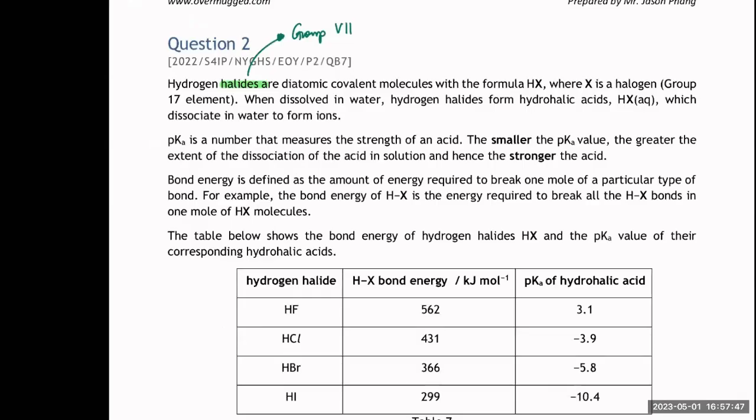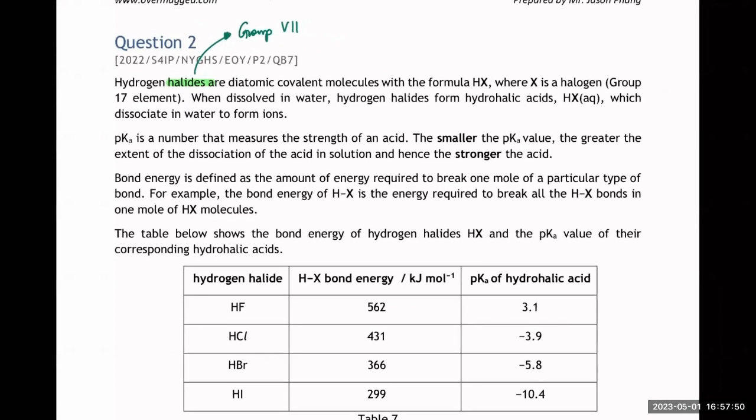So halides, as you can see in the table below, we have HF, hydrogen fluoride, hydrogen chloride, hydrogen bromide, and what is HI? Hydrogen iodide, thank you. So when dissolved in water, now look at this, this is our application portion, they are going to form acids.